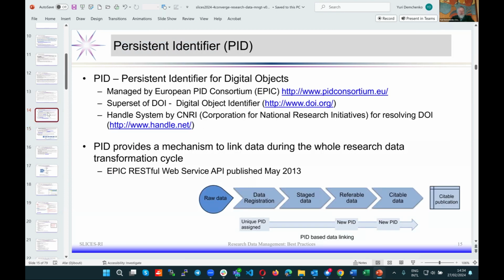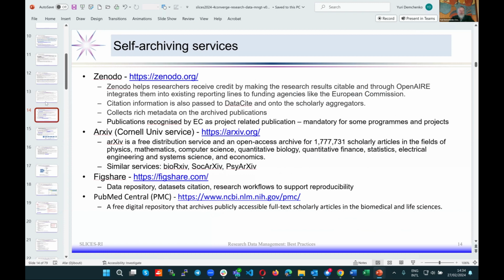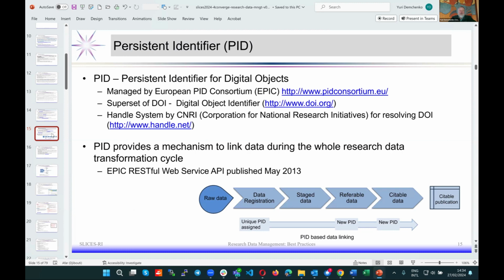Behind all this self-archiving, open access, and any publication is a PID, a persistent identifier. There are a few persistent identifiers related to publication. One of them is DOI, which is the most often or most widely used.